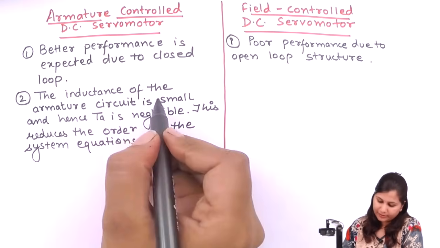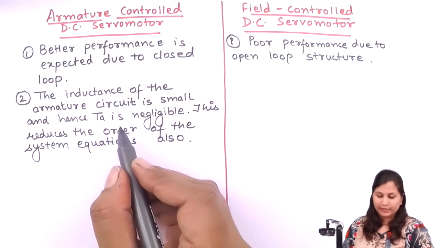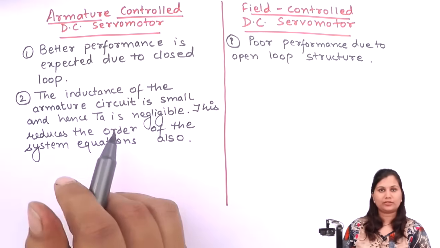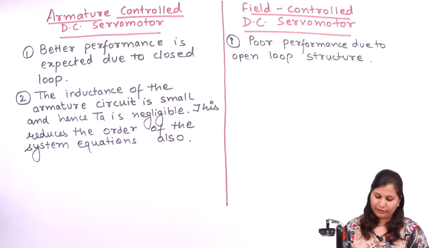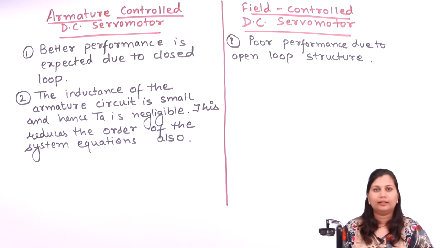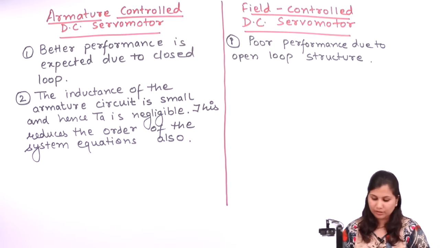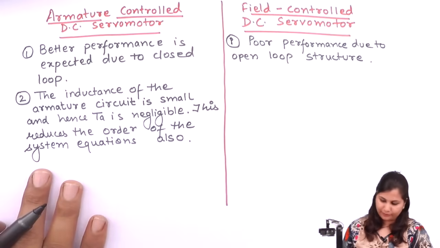So it has a simplified mathematical model because the equations are linear and of lower order, either 1 or 2, so it is easy to solve the equations of this system.